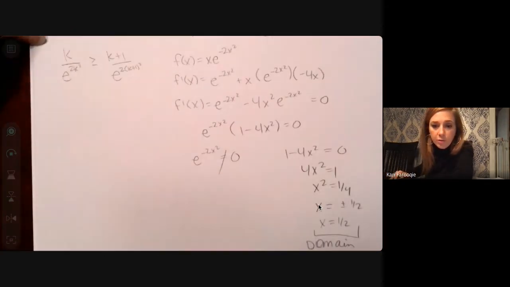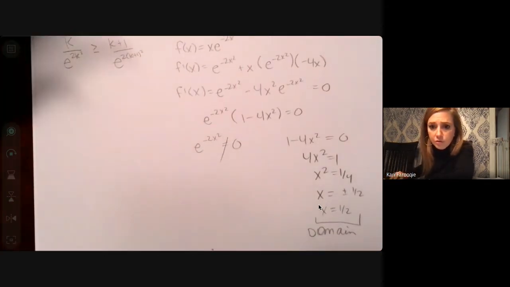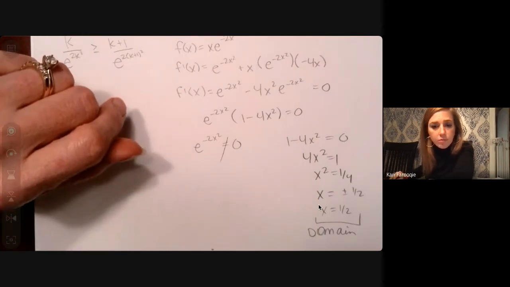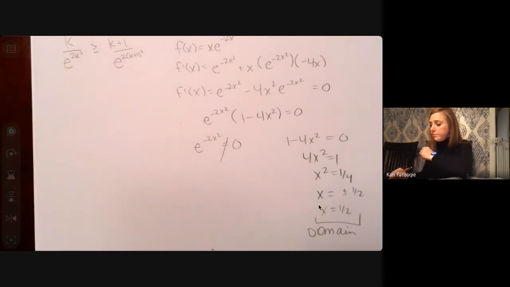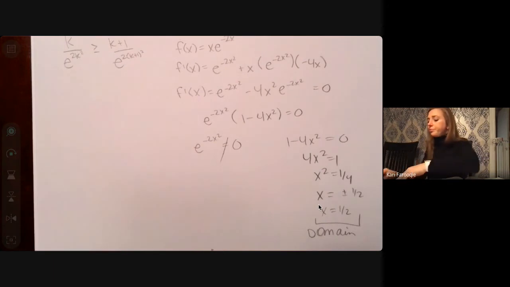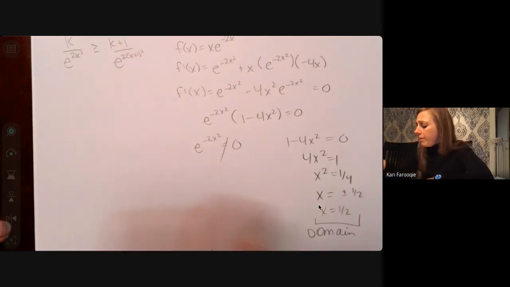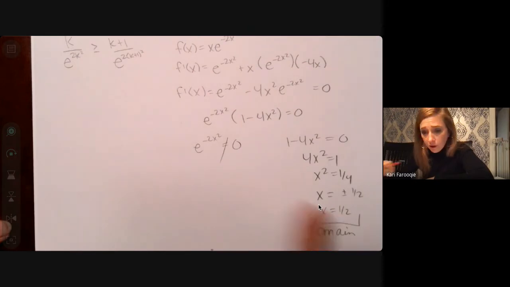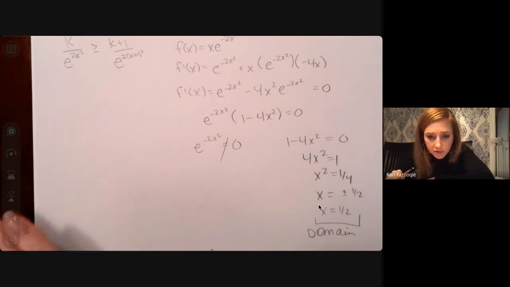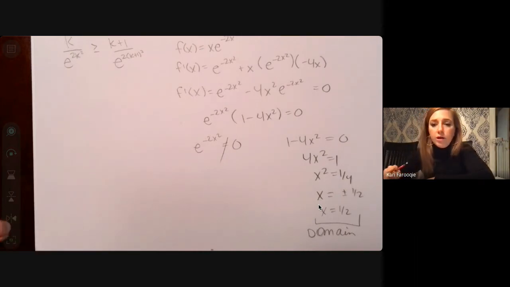So who cares what happens to the left of negative a half? Does not matter. Okay. So I know that whatever's happening to the right of 1/2, it's either going to be increasing up to infinity or decreasing out to infinity. There's nothing else that changes from 1/2 all the way to infinity.